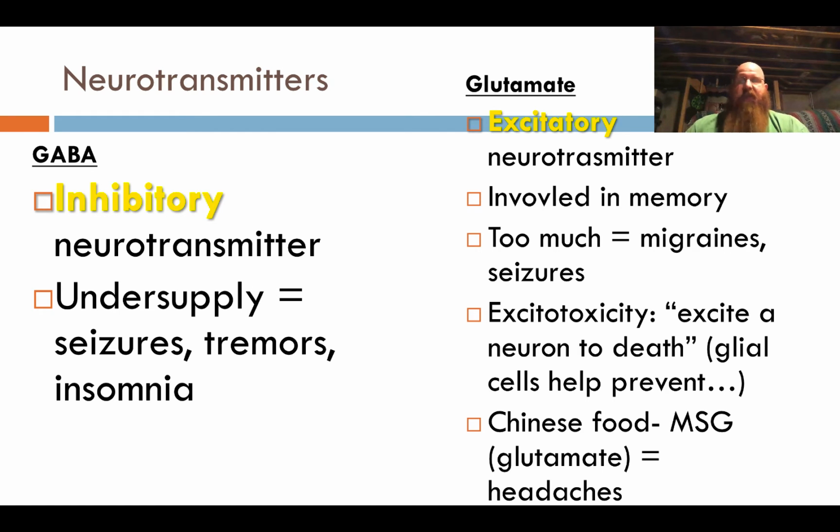What happens is, when you consume extra glutamate, it causes these neurons to start firing. And when they fire too much, in this case, people will get MSG headaches.